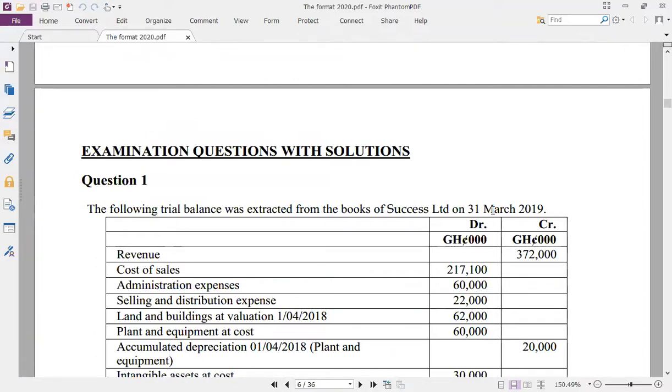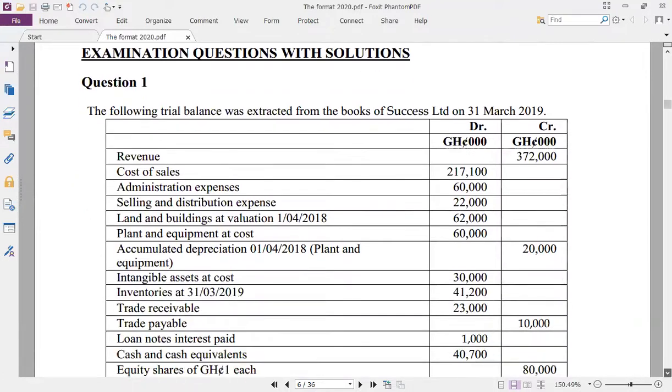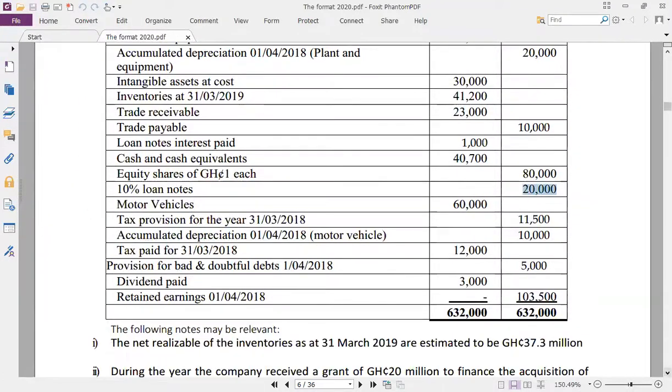So the tax given to us is last year's tax. The current year's tax is part of the adjustment, so I'll handle it when I do the adjustment.